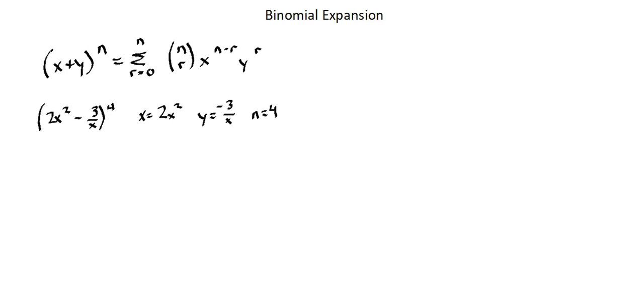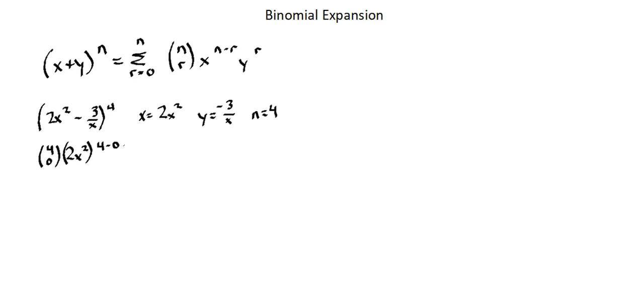So let's work through our terms individually for (2x squared minus 3 over x) to the power of 4. Our first term, the coefficient is going to be n over r. N is 4, and we're starting with an r of 0, times x, which is 2x squared. It's very important to put this entire term in parentheses, to the power of n minus r. N is 4, r beginning is 0.